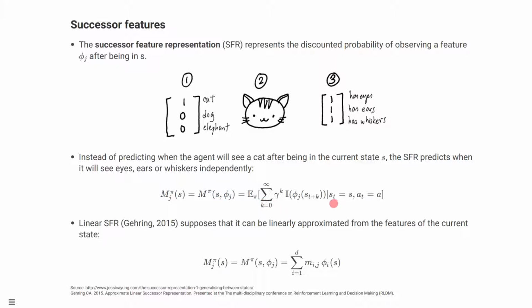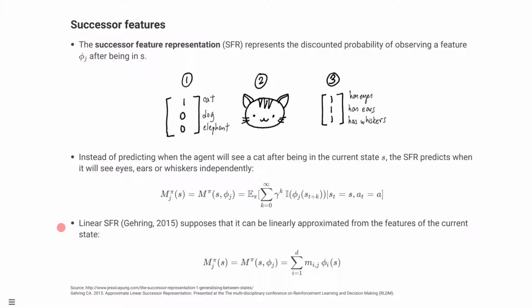It's the same definition: the sum from now until the end of time of the discount rate to the power of time, and whether I see the feature j in the state S t plus k. So instead of counting if I am in the state, I count if I see that particular feature.